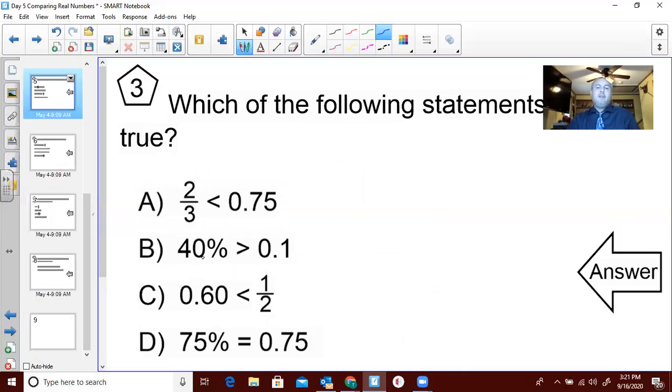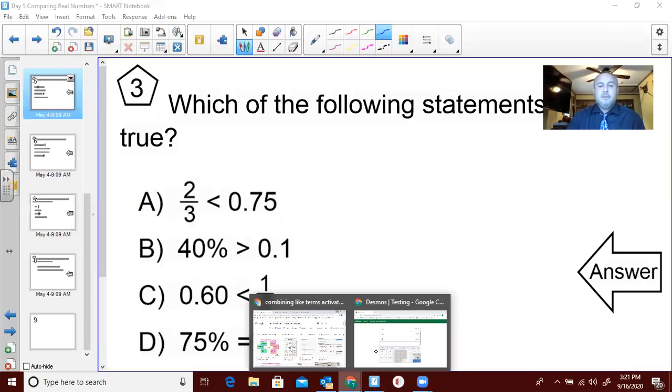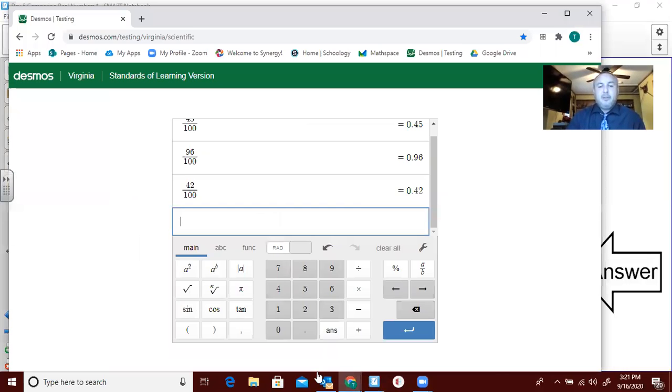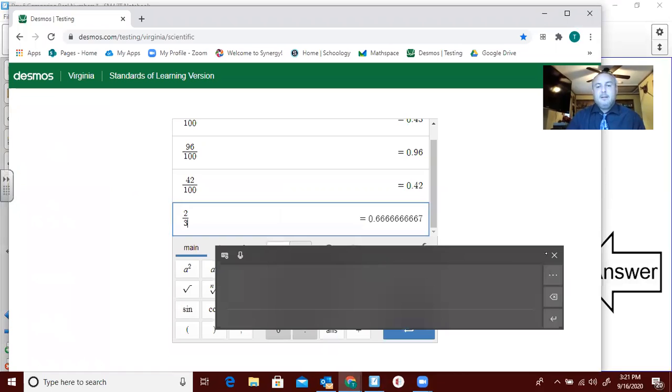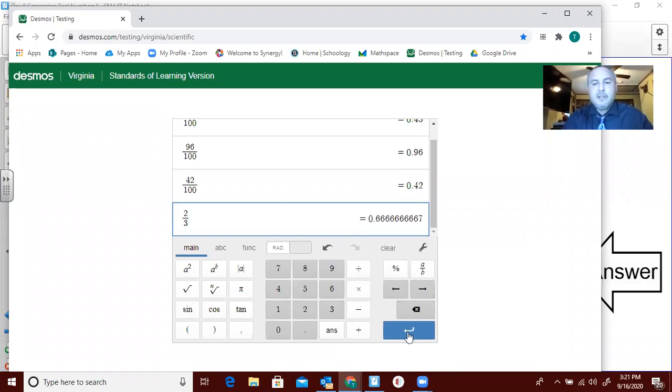All right, so now we've got fractions, decimals, percents, all sorts of good stuff going on here. So this is where I was saying Desmos is helpful. So I go 2 divided by 3, and I'm going to get 0.666666 over and over and over again, right?